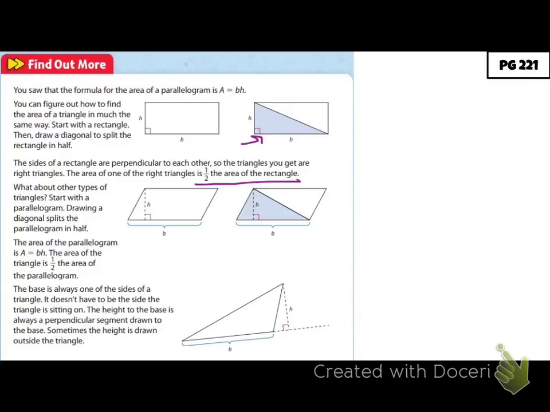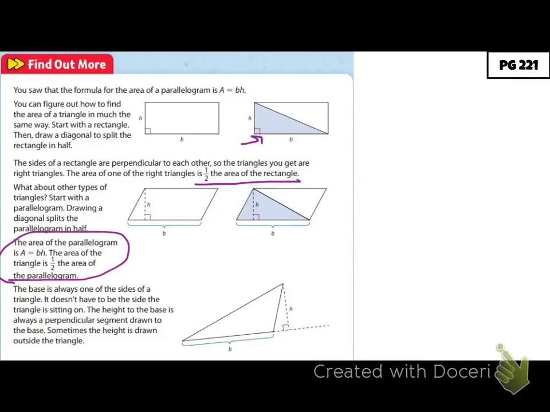What about the other types of triangles? Start with the parallelogram. Drawing a diagonal splits the parallelogram in half. The area of the parallelogram is A equals B times H. The area of the triangle is half the area of the parallelogram. Okay, so the base is always one of the sides of a triangle.